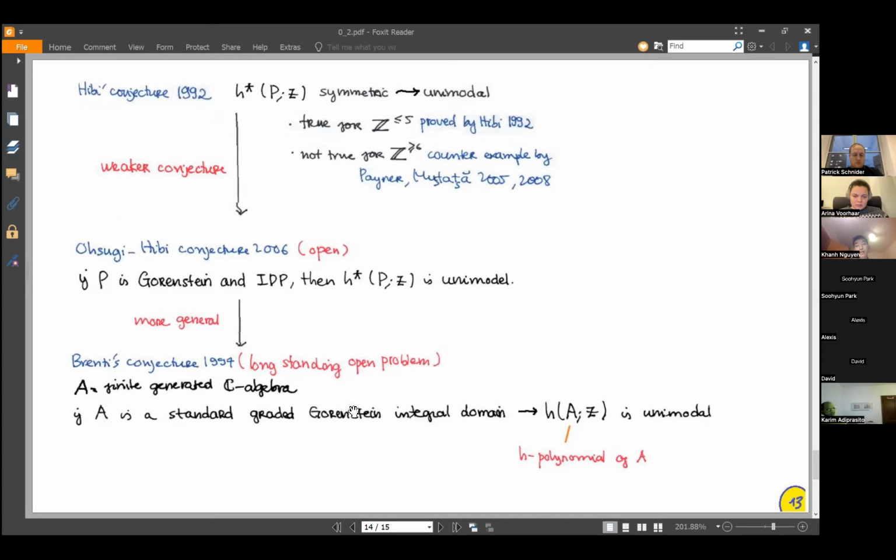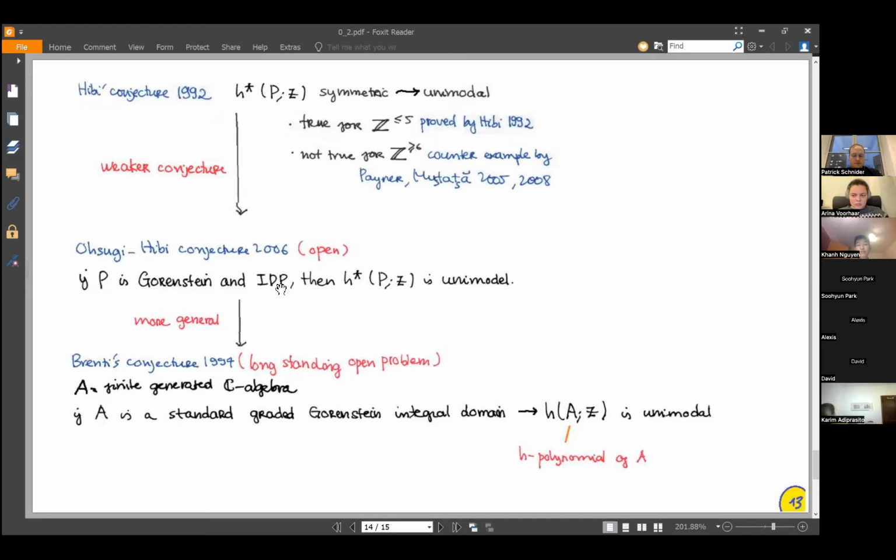So we can forget about the Stanley conjecture because it requires more general things to define it, such as the Hilbert series of A, but we only need to focus on the second conjecture. So that is the setting for polytopes. If you look at the statement, you see that the conditions on P here are Gorenstein and IDP, and the condition IDP connects to our theorem.